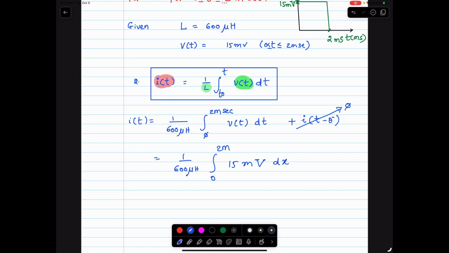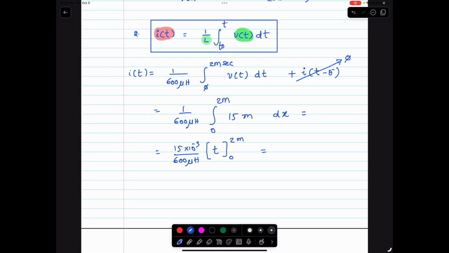Plugging that into the equation, this is going to be 15 times 10 to the negative 3 over 600 microhenry times t, from 0 to 2 milliseconds.